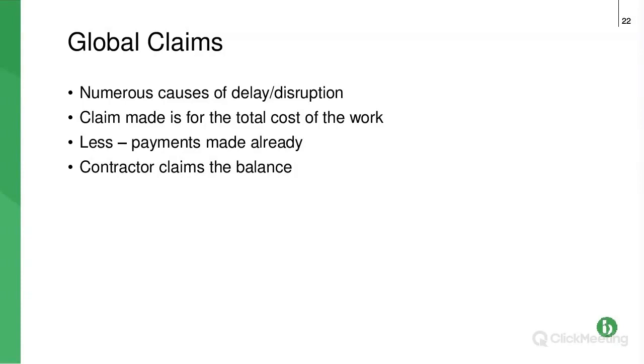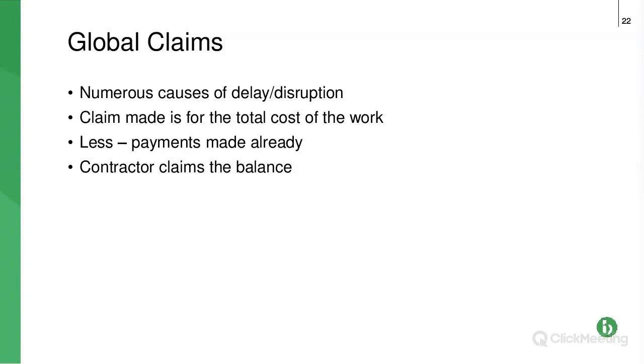but you need to be careful, because you need to do a reverse calculation and show, for example, it's 2 months, and I know it's all down to the employer because I, contractor, haven't caused any delay, that my initial program was reasonable, that if we hadn't suffered from these events, we would have completed on time.